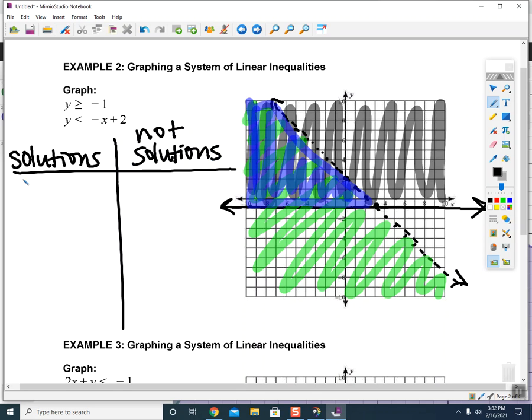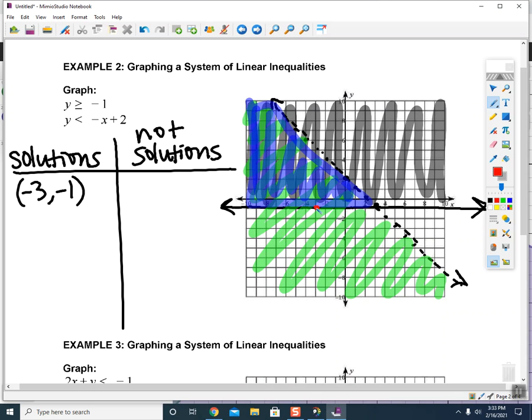So one of the solutions that I could have in here would be -3, -1, right down here. Maybe I'll put these in a different color. Let's do red. -3, -1. I can include this one because it's on the solid line, right? It's in my solution set, it's on the solid line, so I can go ahead and include that one.